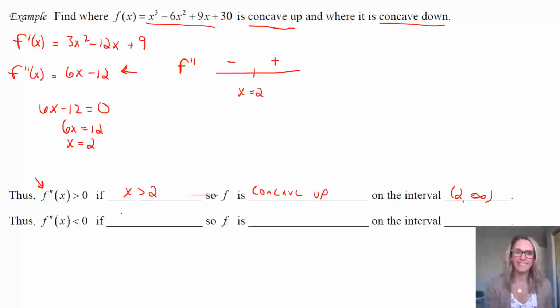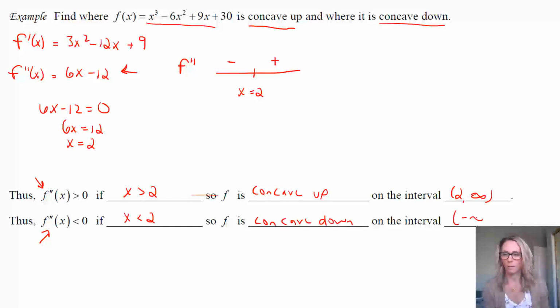We can also see from our number line that the second derivative is negative. The second derivative is less than 0 when x is less than 2. So we're going to have concave down on the interval negative infinity to 2. Okay, notice there should be a little space there.